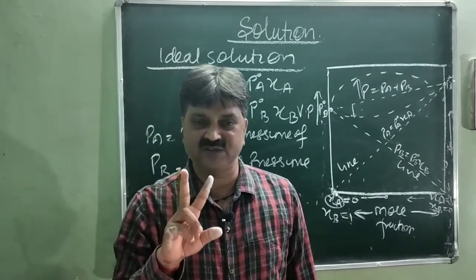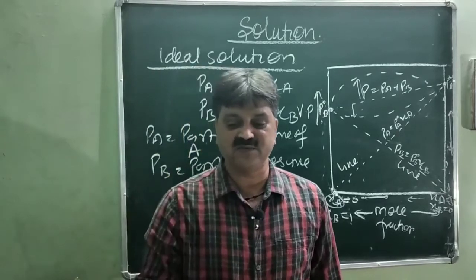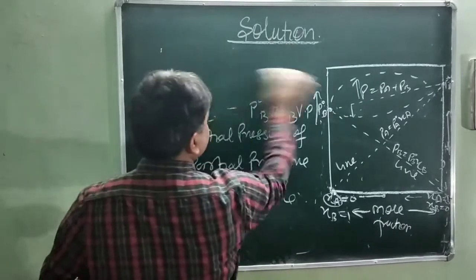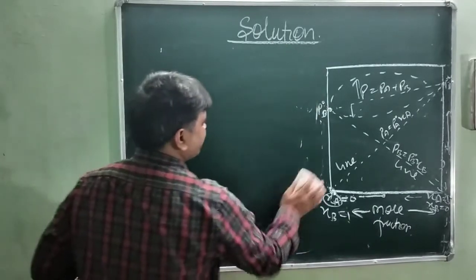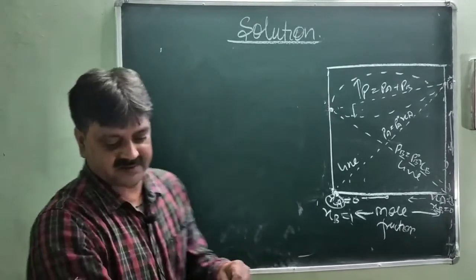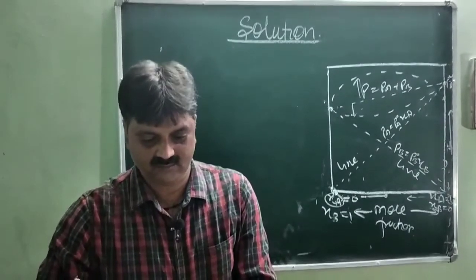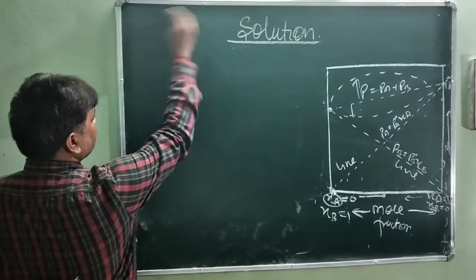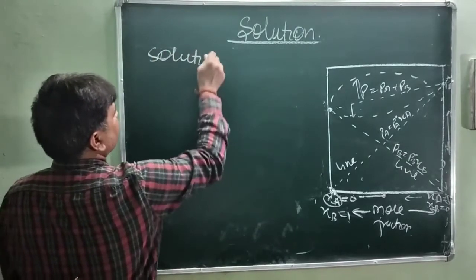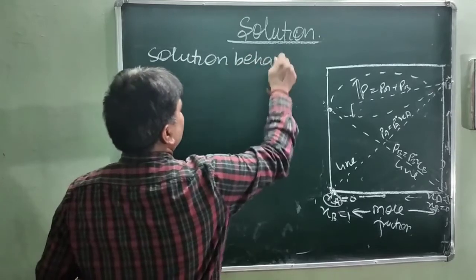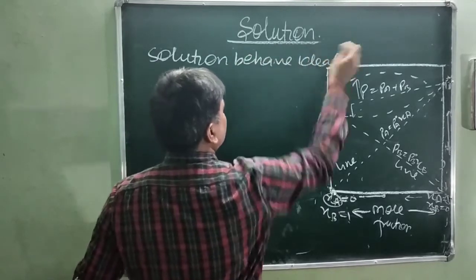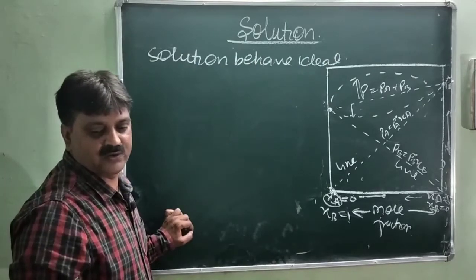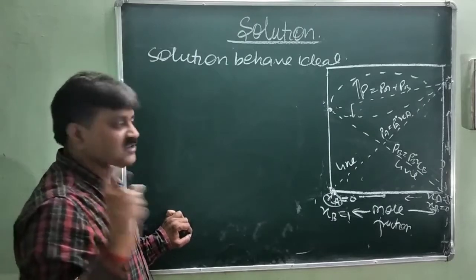What should be? Two factors must be followed to show the ideal behavior. So first one, a solution behaves ideally when it is very diluted, means a very diluted solution behaves like the ideal solution.